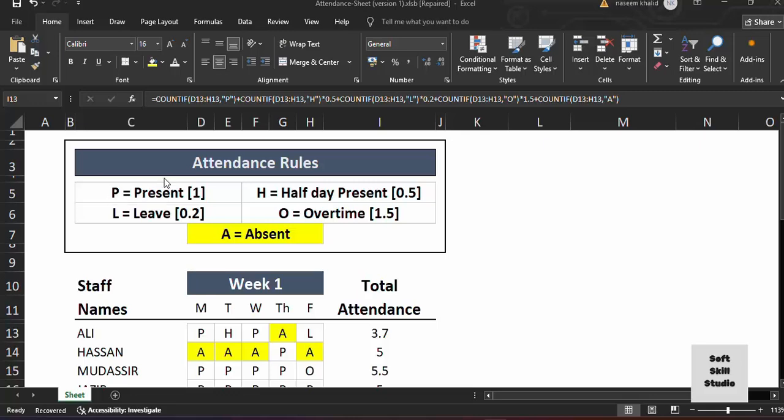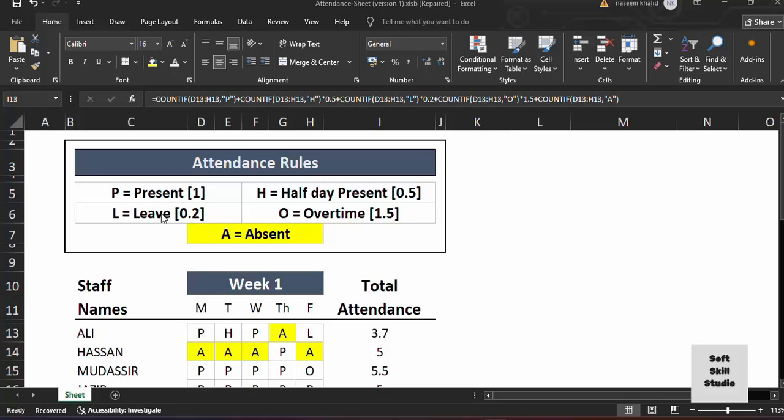This is the criteria. The attendance shows present. When someone is present, it will mark P, and the value will be 1. The half day is marked H, and half day is 0.5.